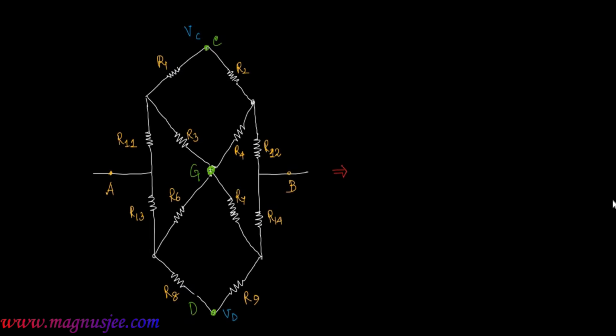Now we consider the circuit after removal of the branch CD, or after removal of the resistors R5 and R10 from the circuit.